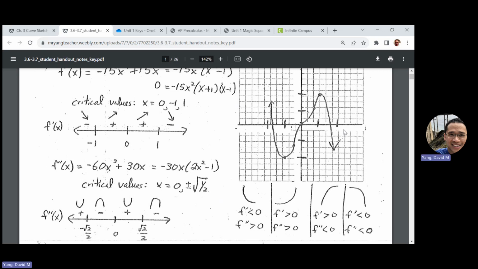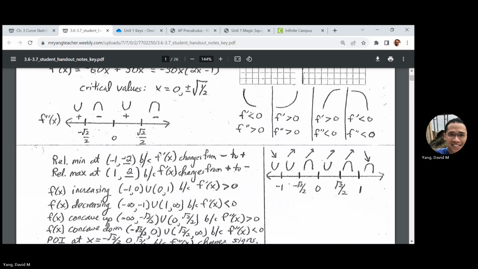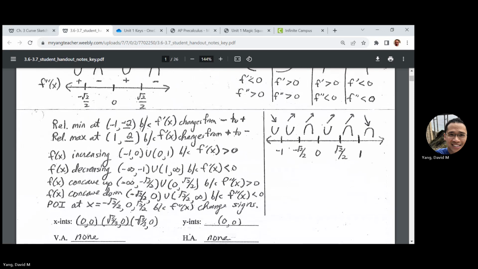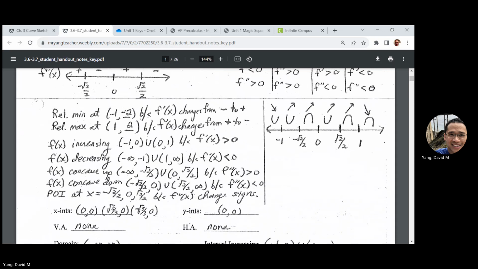Okay, so now at the bottom of the page, we're just going to gather all that information. You don't have to write out all these because statements for now. I just want you to know that if I were to ask you to justify, this is what your justification would look like. Relative min is because f prime changes from negative to positive.